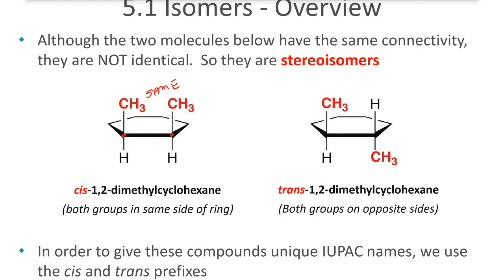You can't just do a ring flip and one goes to the other side. Here on the right, we have the methyl groups on opposite sides of the six-membered ring. So this is trans 1,2-dimethylcyclohexane.